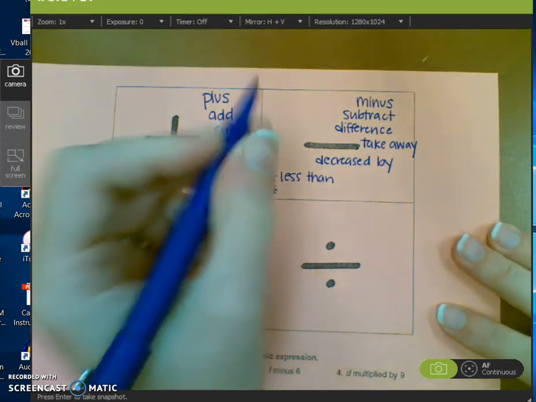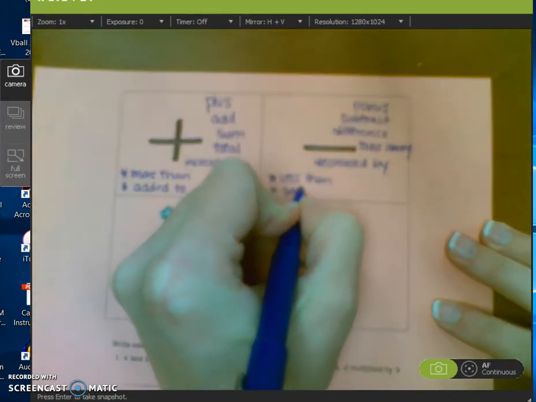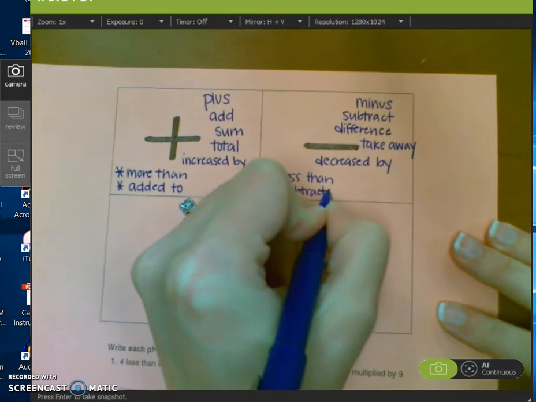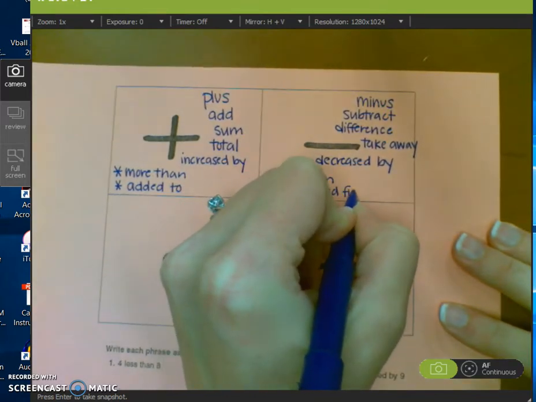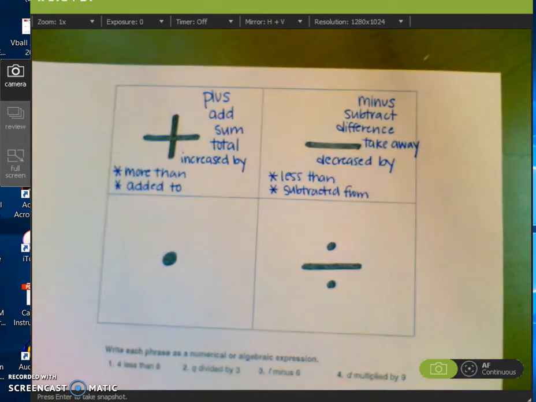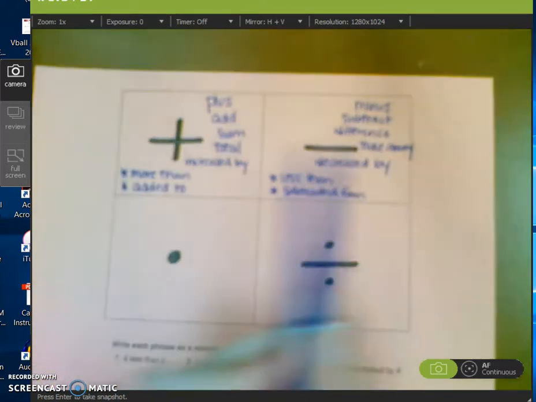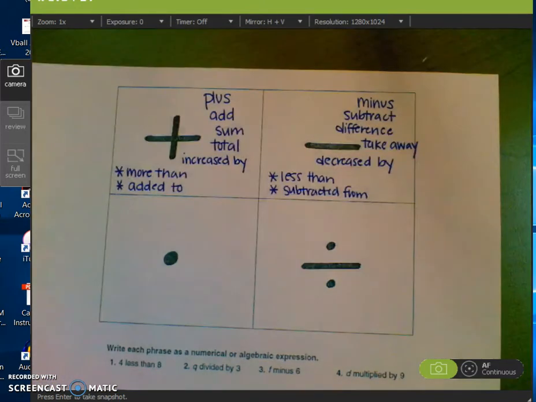And the opposite of added to is subtracted from. So you can notice by the words that the words that we put in each box are opposites. So adding and subtracting, they're opposites. They're what we call inverse operations. They undo each other. If you add 3 and then you take away 3, you're back to the same number.